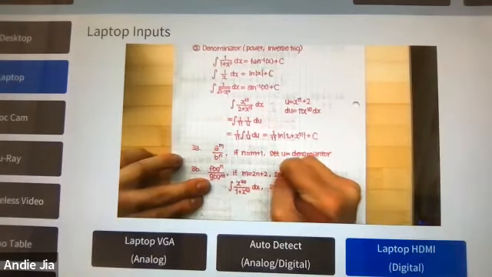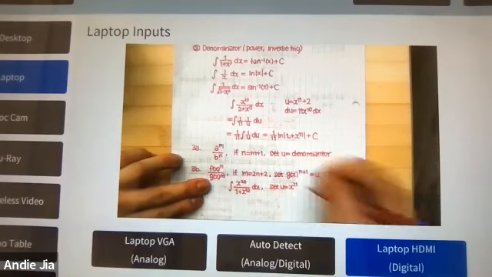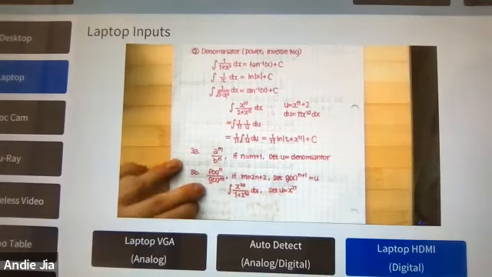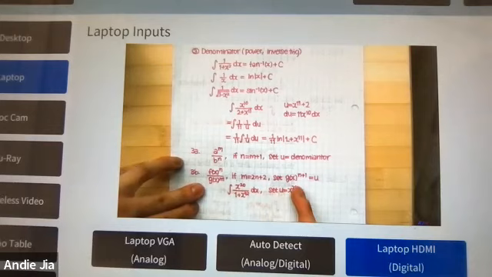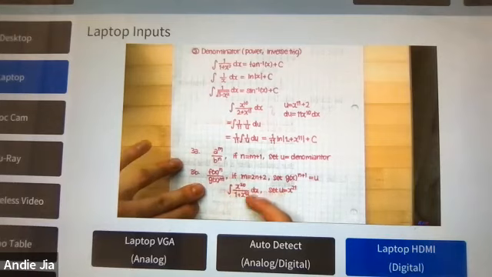Set u equal to x to the 21. Take du equals 21 x to the 20, which makes the x to the 20 cancel. Then it is 1 over 1 plus u squared, and the antiderivative is going to be 1 over 21 arctangent of x to the 21, plus the constant of integration.